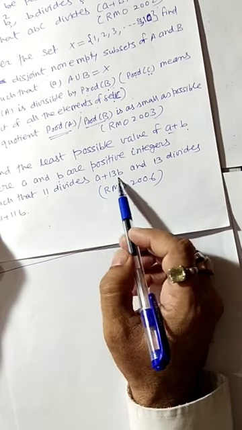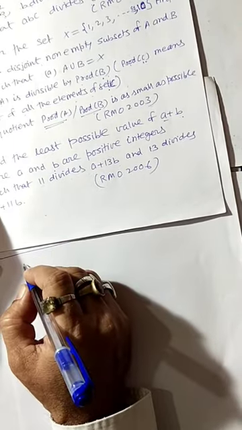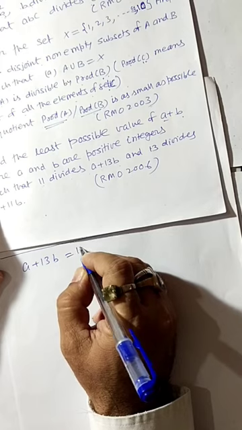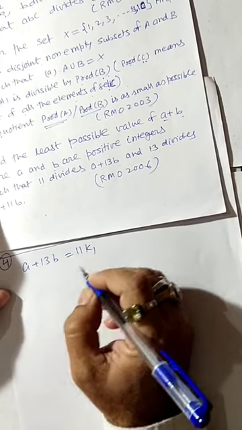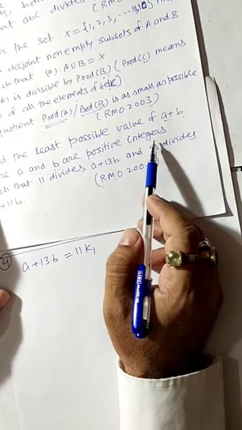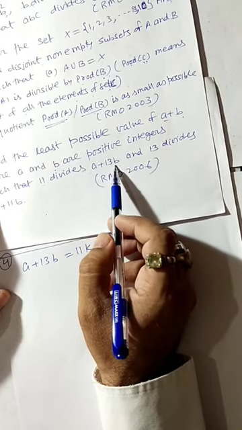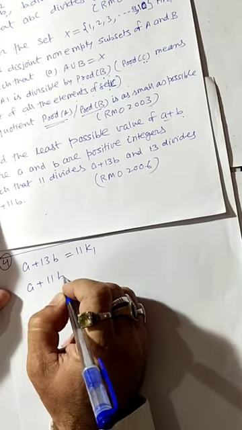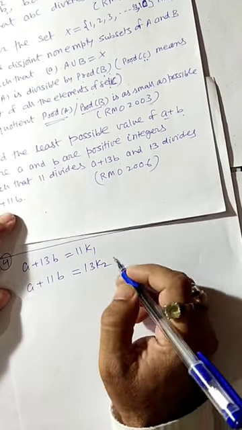So 11 divides A plus 13B. You write here A plus 13B equal to 11K1 and A plus 11B equal to 13K2.